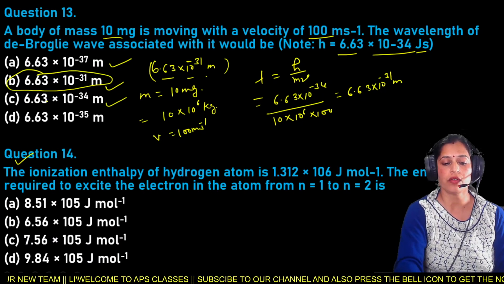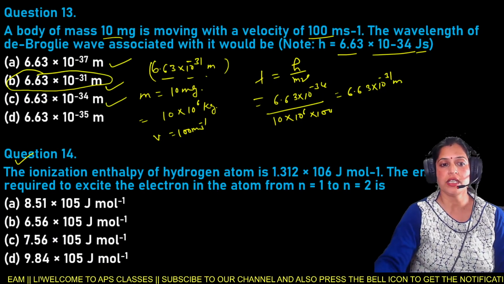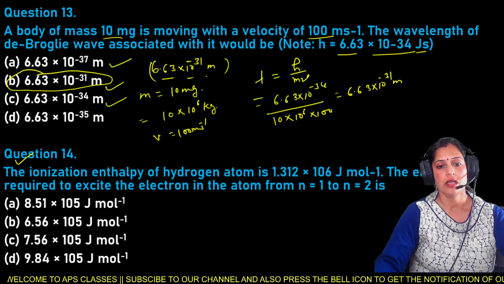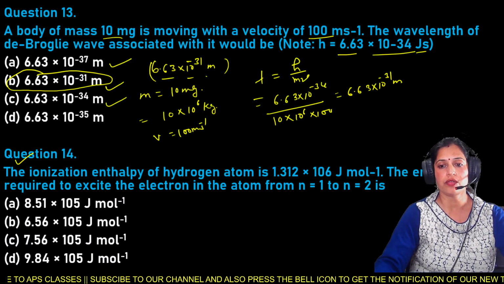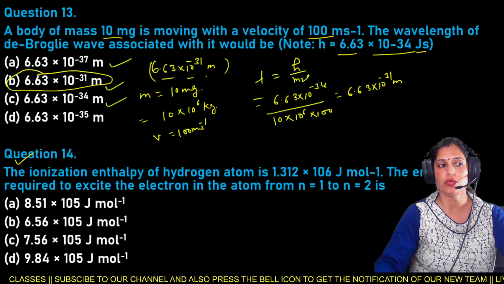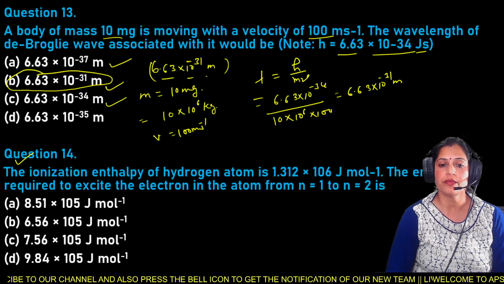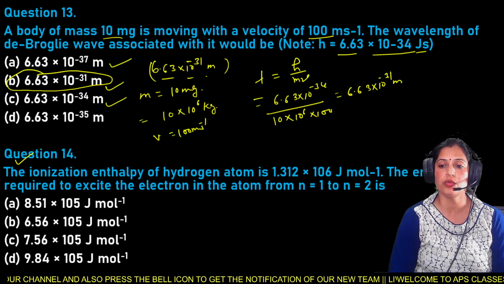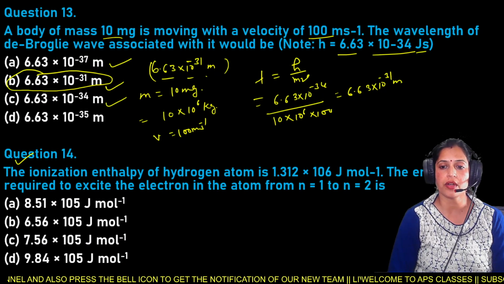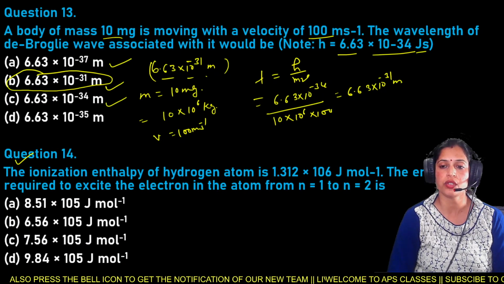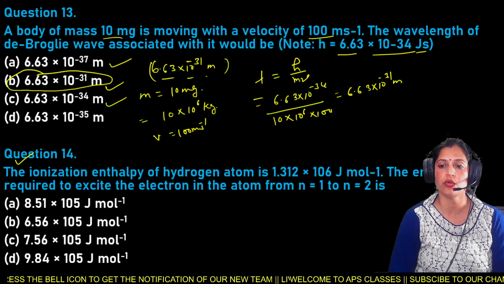Next is question number 14. The ionization enthalpy of hydrogen atom is 1.312 into 10 raised to power 6 joule mole inverse.